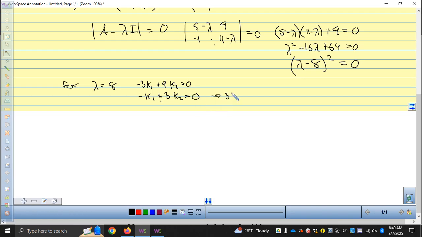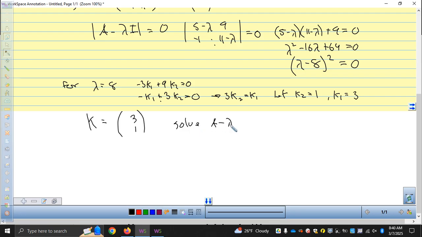That's 3 k2 equals k1. And I let k2 equal 1, so k1 equals 3. So our eigenvector is 3, 1.